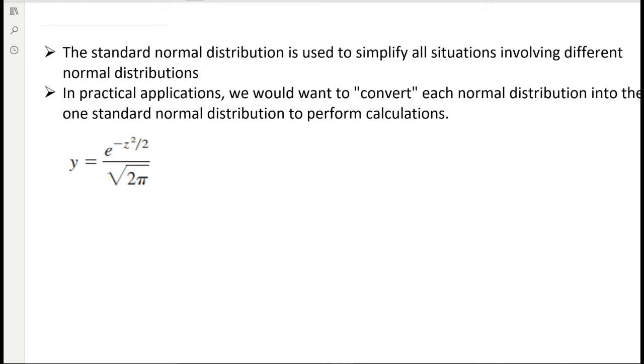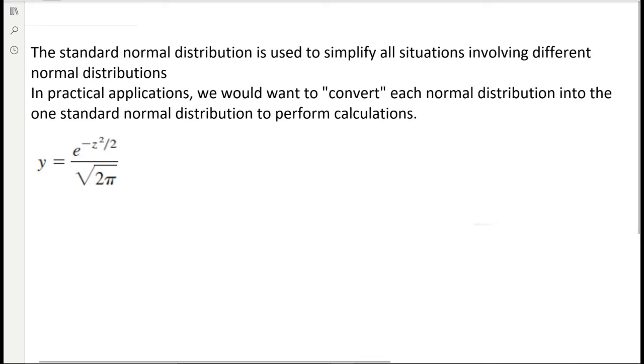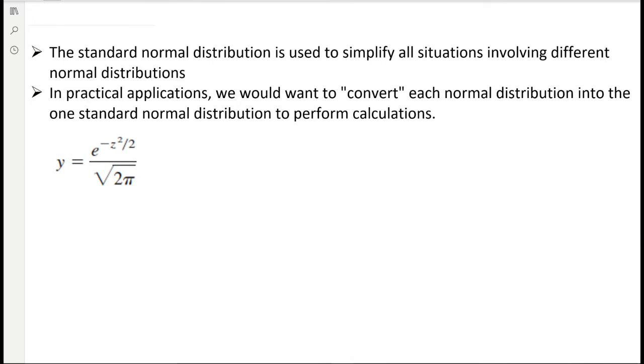All right, so the standard normal distribution is used to simplify all situations involving different normal distributions. In practical applications, we want to convert the normal distribution into the standard normal distribution in order to make calculations simpler. Now remember that I presented to you the equation for the standard normal distribution earlier. Now the question is, what is that z in that formula?